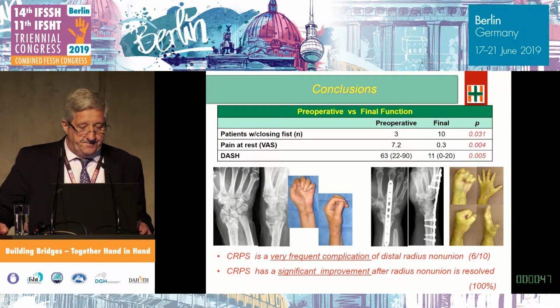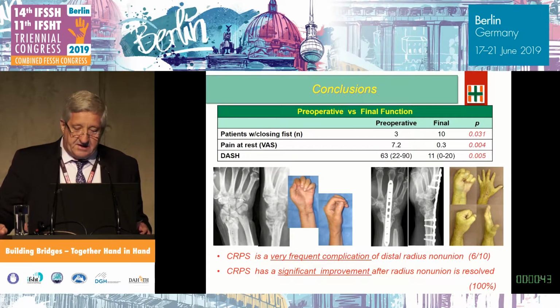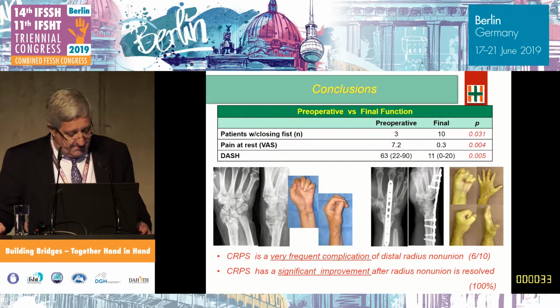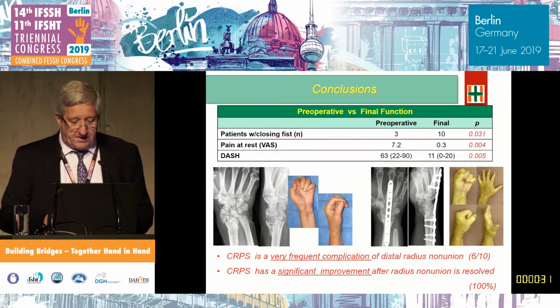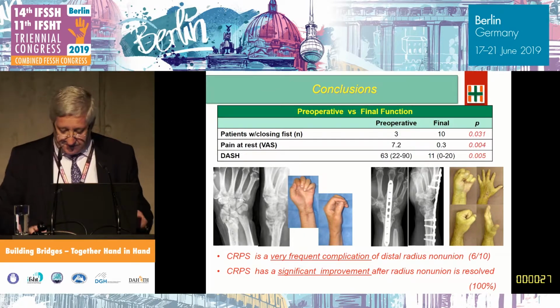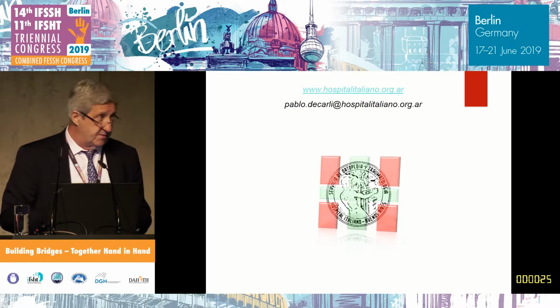Finger motion, pain, and DASH score were significantly improved. CRPS was very frequent with distal radius non-union, but it was resolved only after stabilizing the distal radius. Thank you very much.